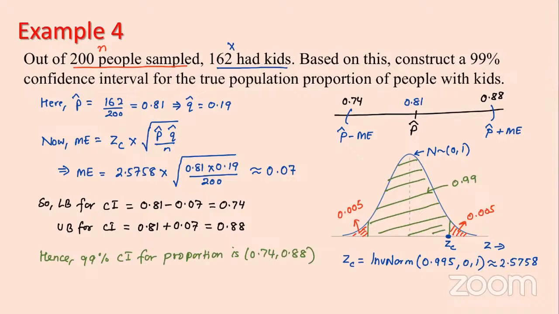If the population standard deviation is given, the distribution will be standard normal. But if the population standard deviation is not given, and you have the sample standard deviation, in that case, it is the t distribution with n-1 degrees of freedom. Make sense? You have to remember this for the mean.